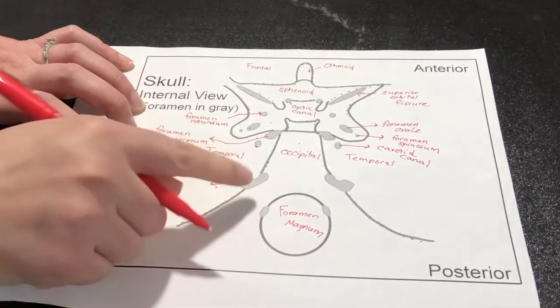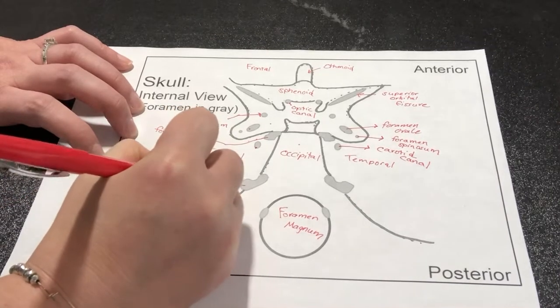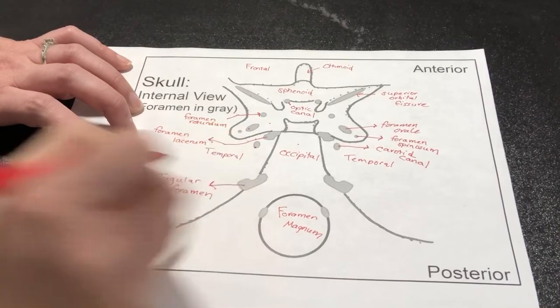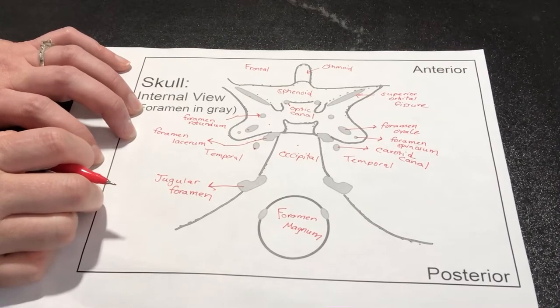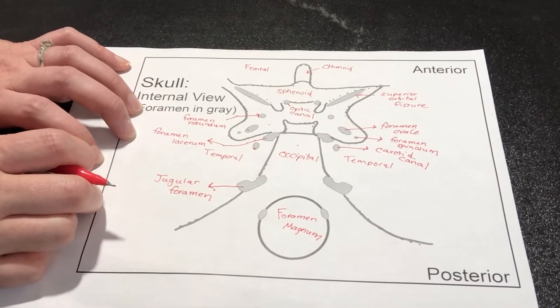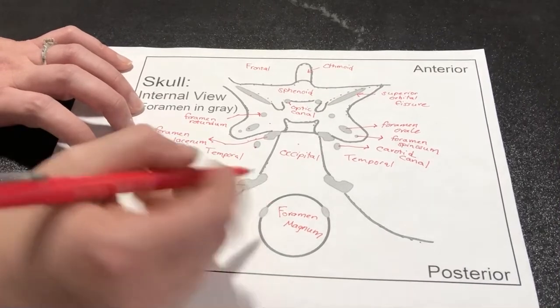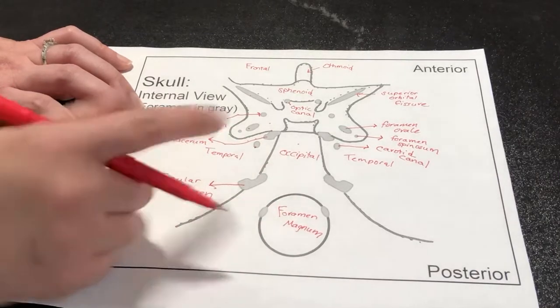This guy here kind of looks like a jelly bean, is the jugular foramen. And the jugular foramen is where our venous blood through our internal jugular vein comes out of our brain. So jugular foramen is a junctional hole between occipital and temporal.